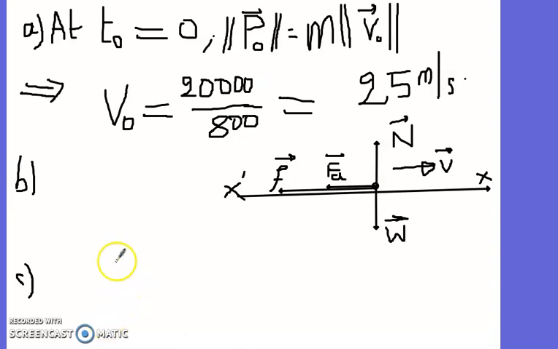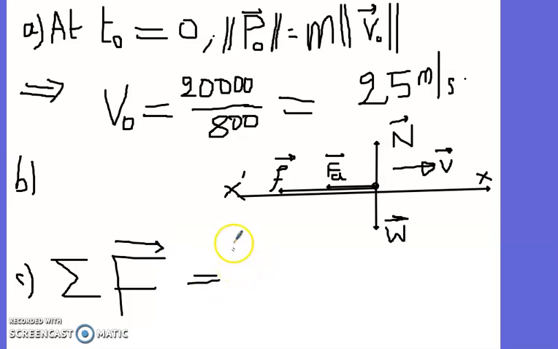Clear? We've just studied Newton's second law, that the resultant force, or sum of forces acting on the body, is equal to ma, right? Or the derivative of the linear momentum, the same.